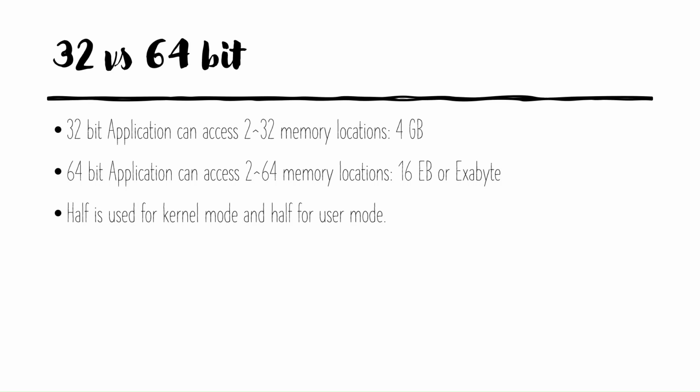Now, when it needs to read data from the virtual memory, it again goes to the Windows Memory Manager and says, hey, this is the virtual address, and I need the data from this address. The Memory Manager keeps a map between the virtual memory and the actual physical memory.